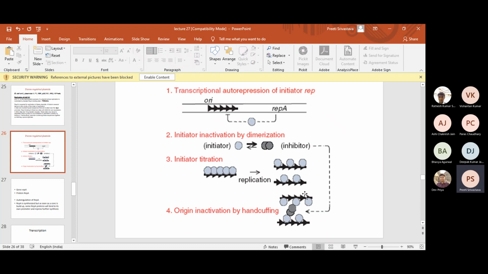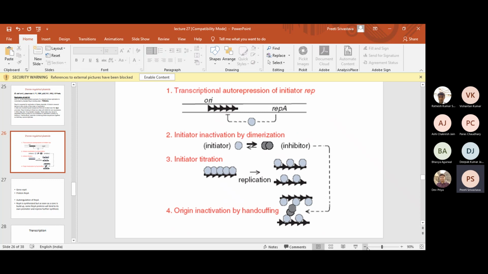In this case, it can initiate further, but this initiation is inhibited because handcuffing takes place between the two replicating strands. The two strands that have replicated are now cross-linked. They are handcuffed with the help of the dimeric version of the initiator protein, and as a result, such a structure is formed which cannot open up for initiation.